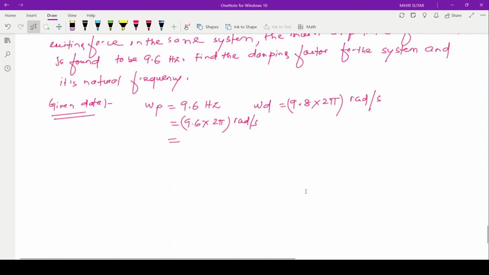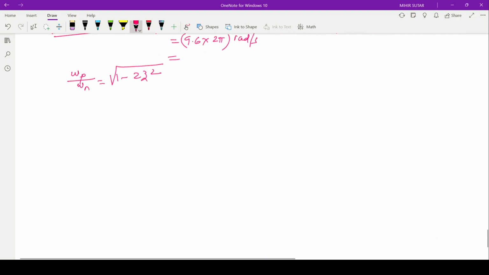Okay, now we have a relation that omega p divided by omega n is basically square root of 1 minus 2 zeta square. So we can write here that 9.6 into 2 pi, that is we are referring in terms of radian per second, divided by omega n is equal to square root of 1 minus 2 zeta square.